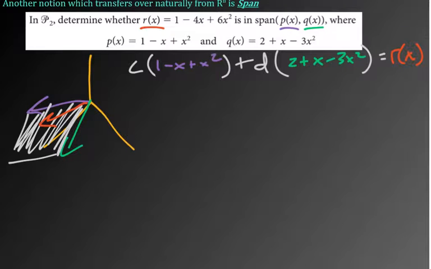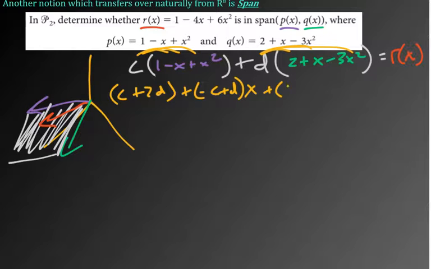So at this point, you can literally just distribute C and D in. And if you do that and group all your terms, you'll have C plus 2D for the constants, and then minus C plus D times x, and then plus C minus 3D times x squared. And then R of x is just my 1 minus 4x plus 6x squared.